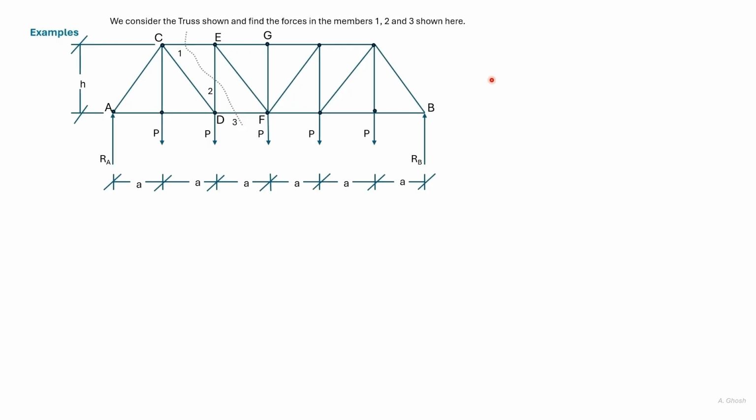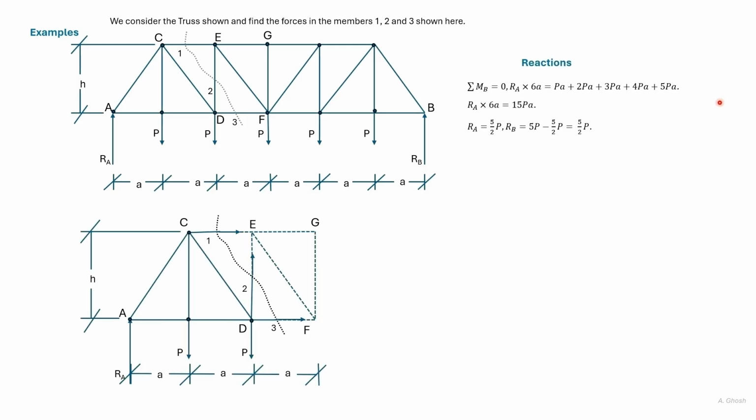In problems using method of sections, we may need to take one section or more than one section. Here we need to find the forces in members 1, 2 and 3. We know all the external forces acting and the reactions acting, and we take a section as shown.